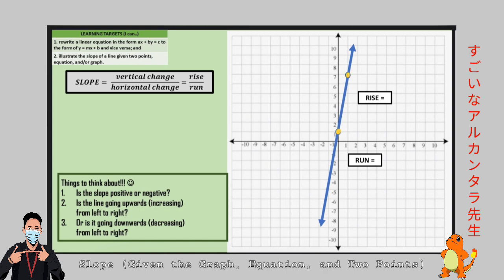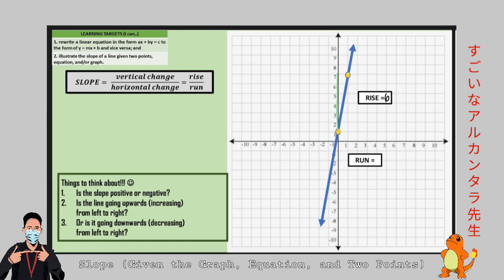In order to do that, we only have two movements: either we rise or we run. So let us start by rising. From this point, let's go 1, 2, 3, 4, 5, 6. So we rise 6 units. Then we run how many units from here on out?